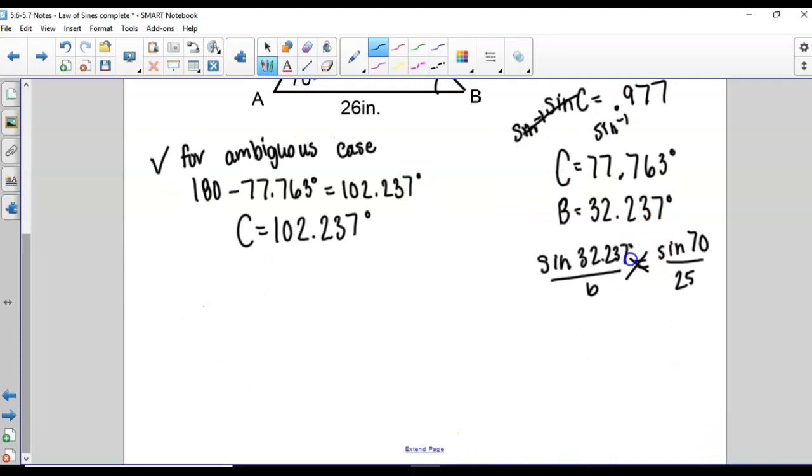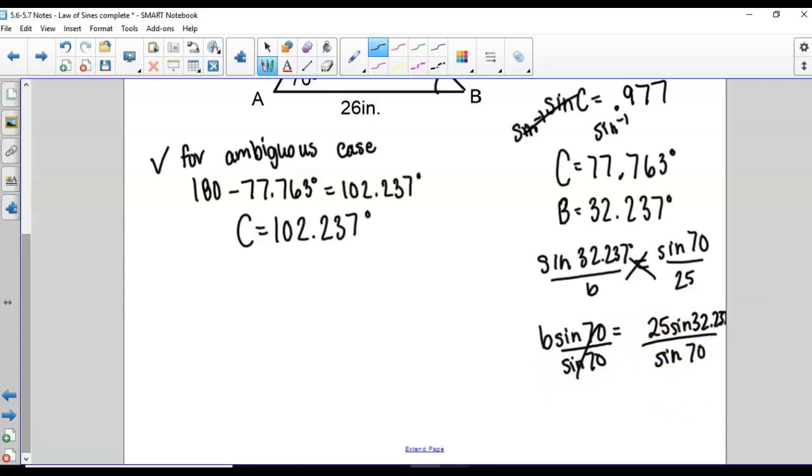And so you'll cross multiply: B sine 70 equals 25 sine 32.237. Then we'll divide by sine of 70, divide by sine of 70.